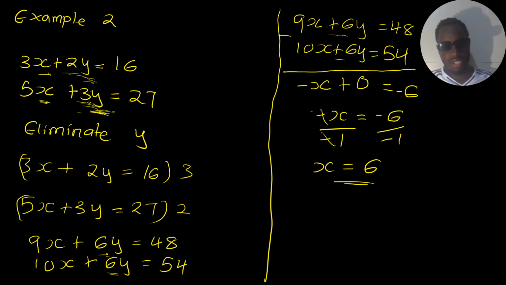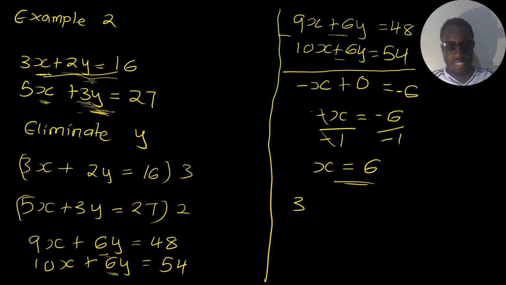Now we have to look for the value of y. So this way you can substitute. You can take any equation, either equation 1 or equation 2. So let's take equation 1 and substitute the value of x. Equation 1 is 3x plus 2y is equal to 16.